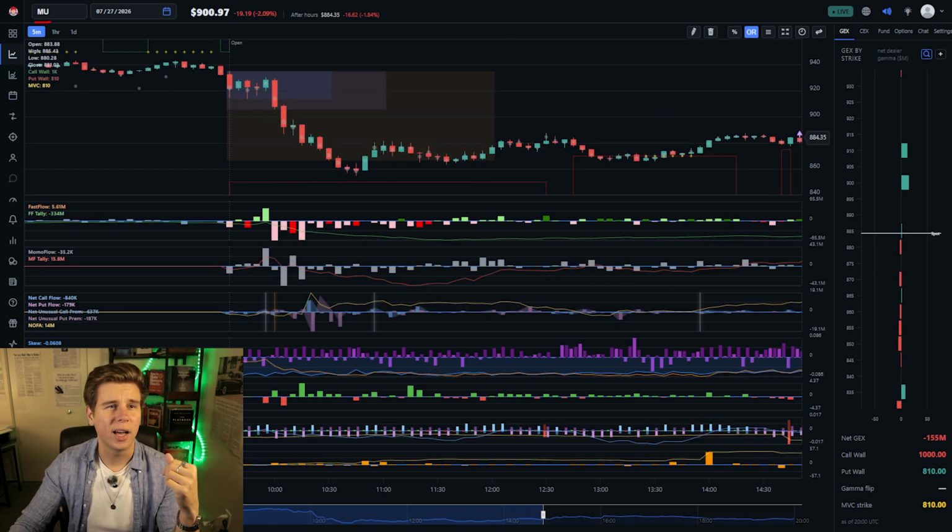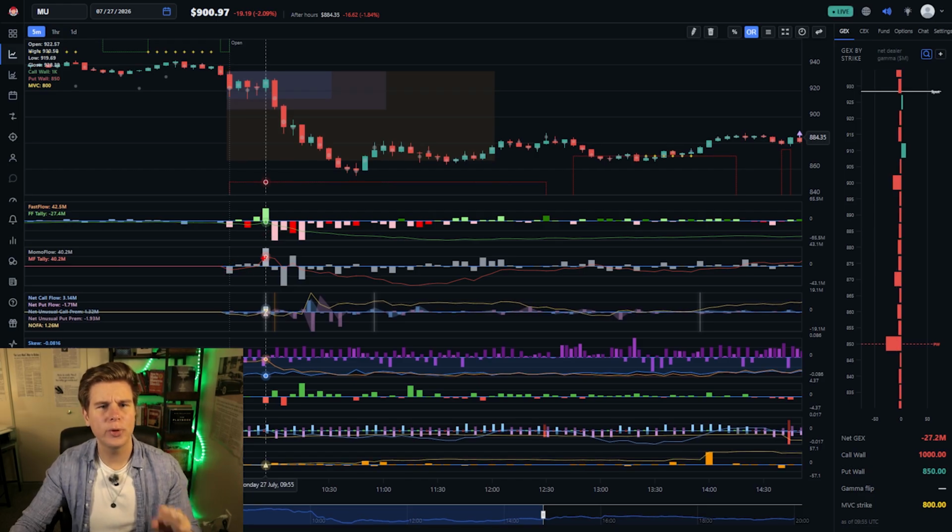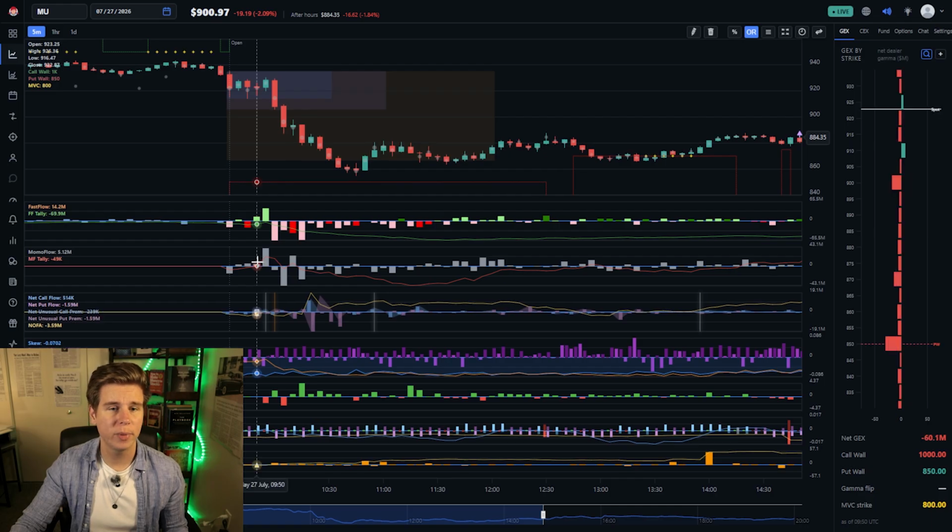Or let's take a look at Micron, not a SPY ticker. Here at the beginning of the day, let's take a look at these four bars specifically. As you can see, we had a little bit of Momo down, tiny bits of Momo up, and that really didn't move the price that much. But then right here, what do we see? We see a pretty significant Momo bar, at least for this day. This is 40 million, which is pretty much 8 times more than the previous Momo bars here.